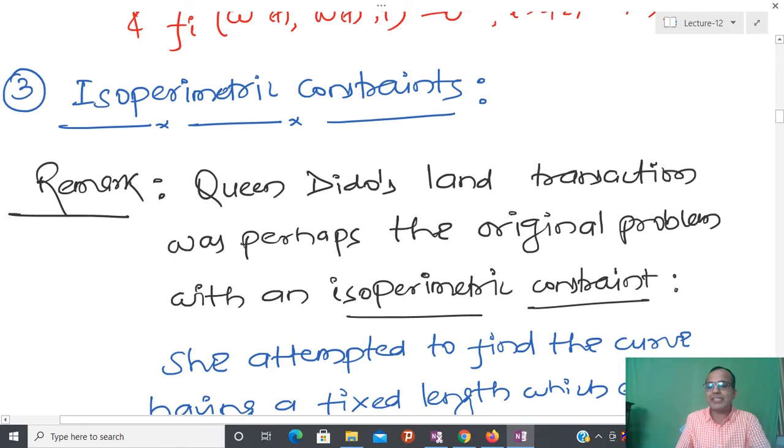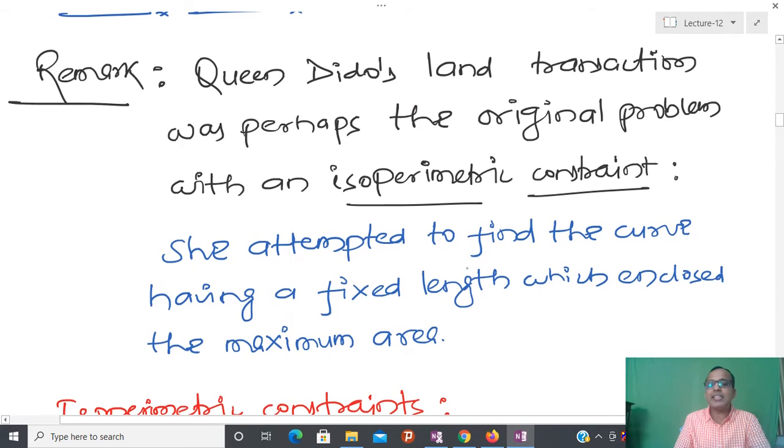And what is the basic idea of this problem? She attempted to find the curve having a fixed length which encloses a maximum area. And whenever we are talking about area, you might have seen that in order to represent area we have to use some kind of integral, and due to that reason the constraint which now comes into the picture is in the form of a definite integral, and since the length is fixed, the value of that definite integral is also fixed.